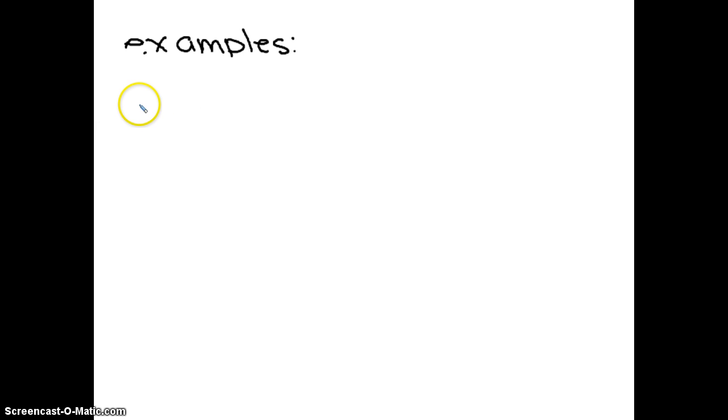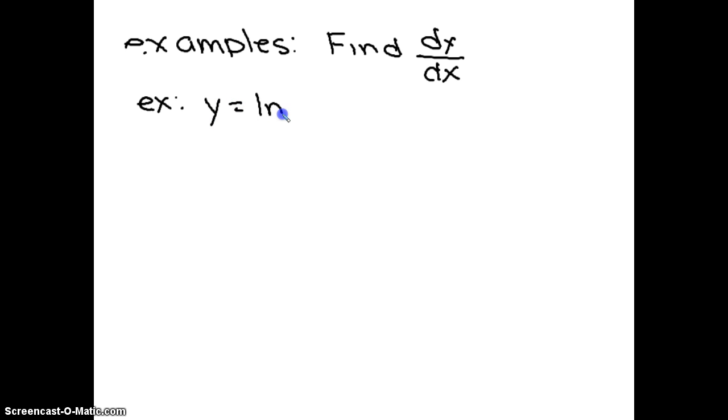All the trig rules are still in play. And so this is just a new one that gets added to the list. So for the examples, we're just going to find dy dx for each one. Alright? So the first one is y equals the ln of 3x minus 2.